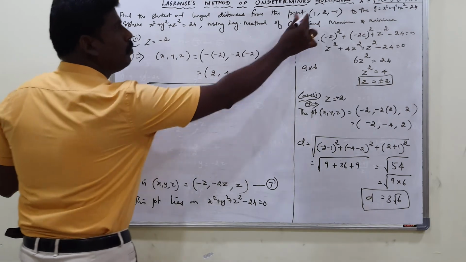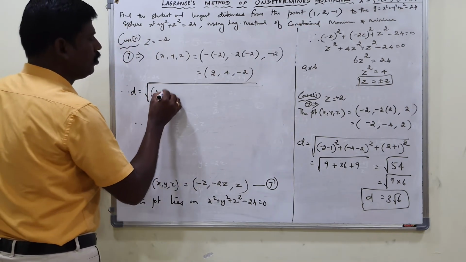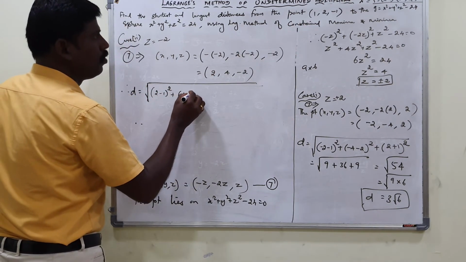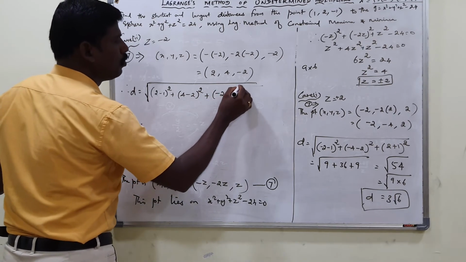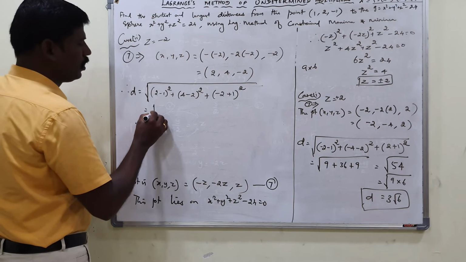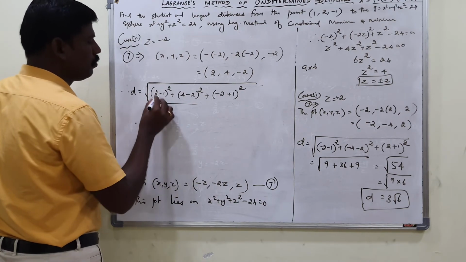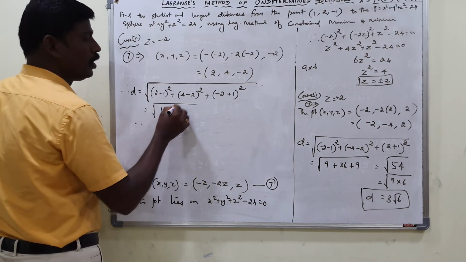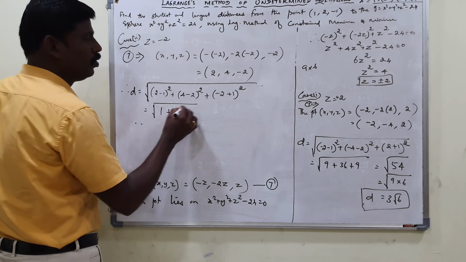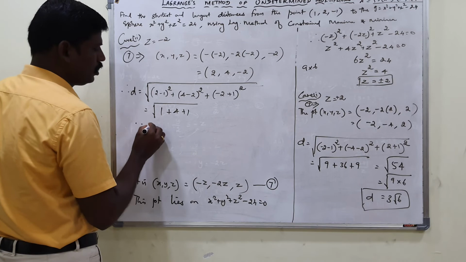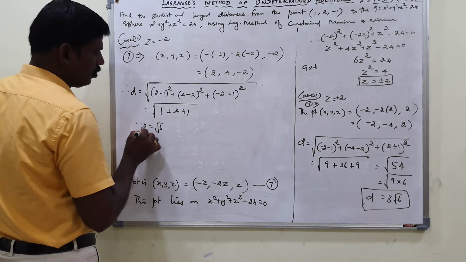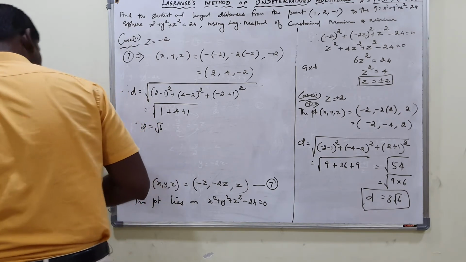So 2 minus 1 the whole square plus 4 minus 2 the whole square plus minus 2 plus 1 the whole square. So what you will get? 2 minus 1 the whole square means 1. Plus 4 minus 2, 2 square means 4. Minus 1 whole square means plus 1. That's equal to what? Root 6. Okay. That's all.